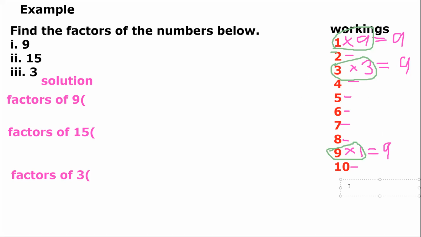We have 1 and 9, 3 and 3, and then 9 and 1. So these are the numbers that give us 9. We are going to arrange these numbers in ascending order.